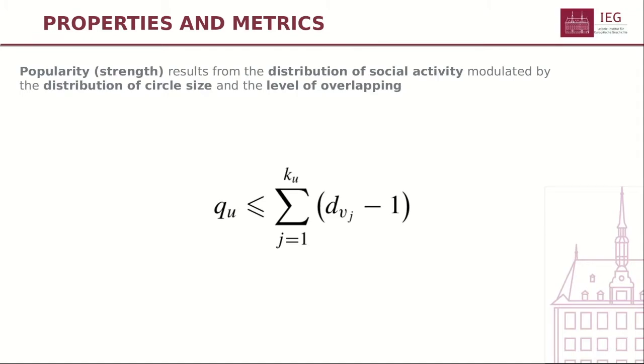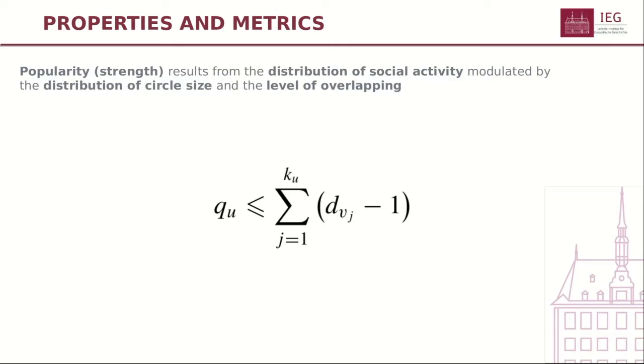All right. What I find particularly beautiful in these relations is that the popularity or the strength of an actor results from the distribution of the social activity modulated by the distribution of circle size and the level of overlapping in the network. And all this information is coded in this relatively simple equation.